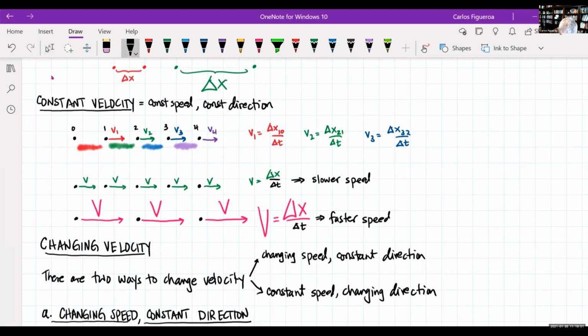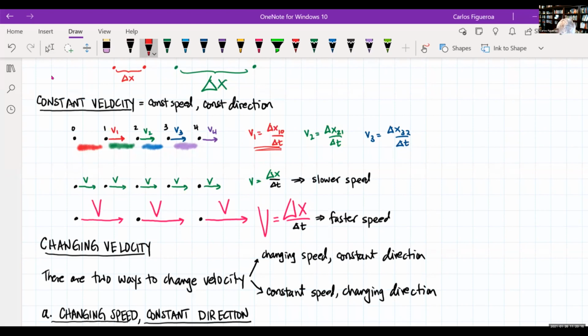I'm assuming that the motion starts at 0. Now, when I look at point 1, I have velocity v1 that's in red. But v1 is the interval before the dot at 1. It's between 0 and 1. And therefore, when I talk about the velocity v1, I'm talking about the distance between 1 and 0.